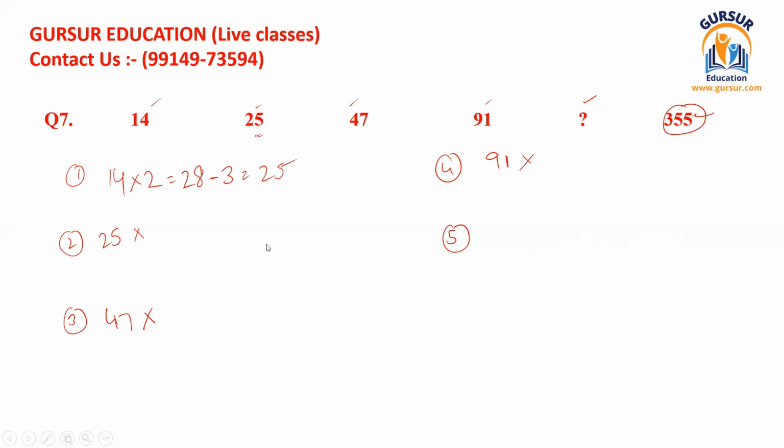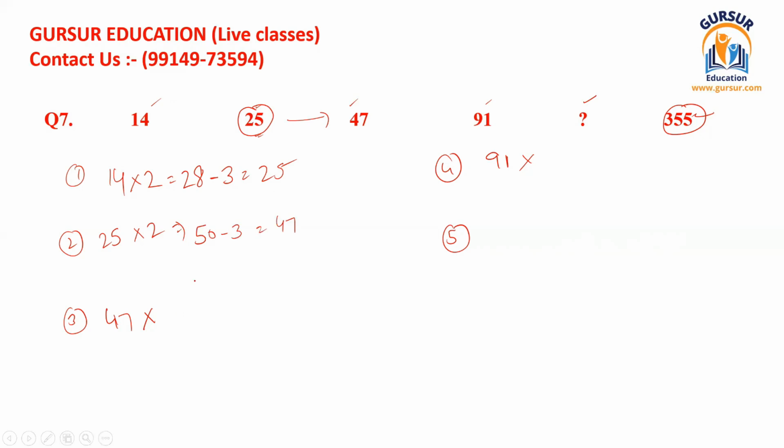The next one: what should be the minimum value which should be multiplied with 25 so that we get closer to 47? Again, this is 2. When we multiply 2 with 25, we get the value of 50, and when we reduce 3 from that, we get the value of 47.